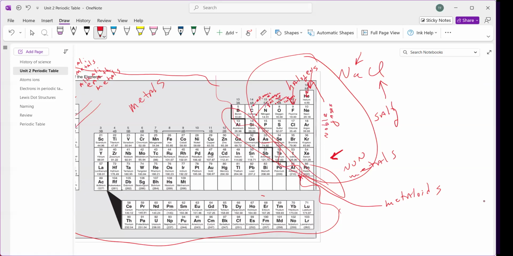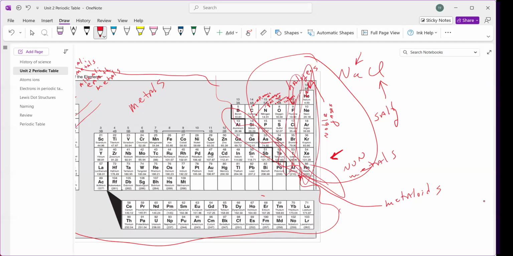Halogens, and then the next column over are the noble gases. So halogens are here, noble gases are there. I know it's kind of busy now, but on your test, make sure you bring highlighters so you can identify all this stuff.